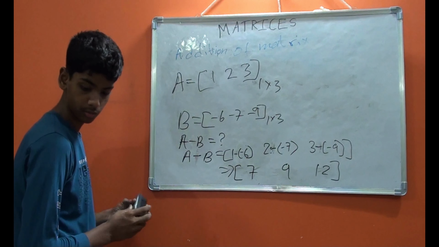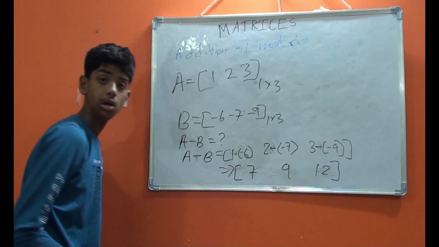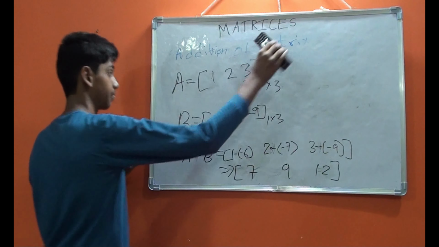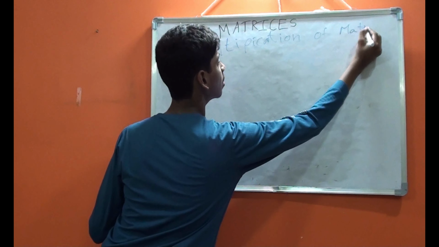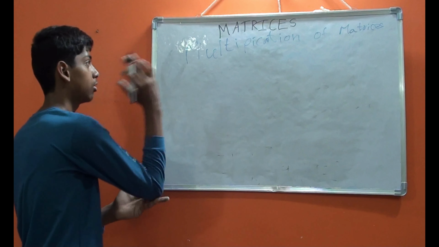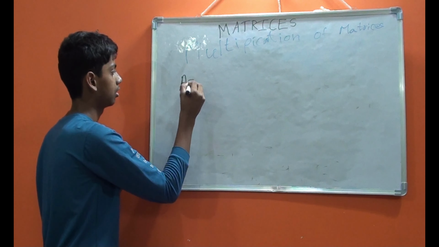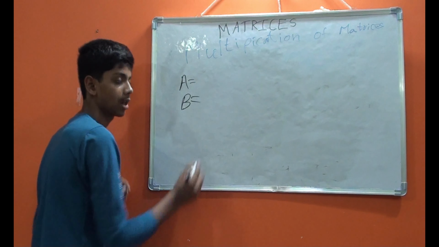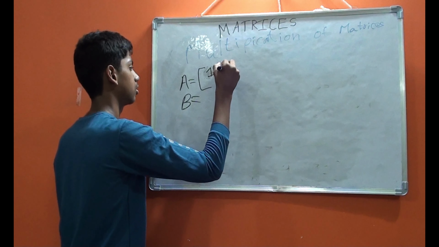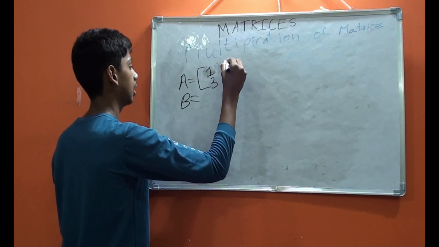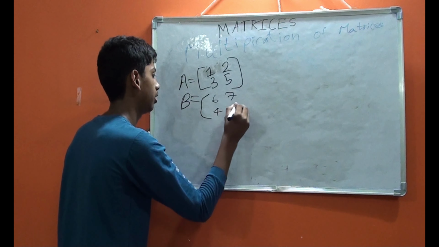So now let's learn about the multiplication of matrices. Let's take two matrices A and B. Matrix A is 1, 2, 3, 5 and B is 6, 7, 4 and 8.